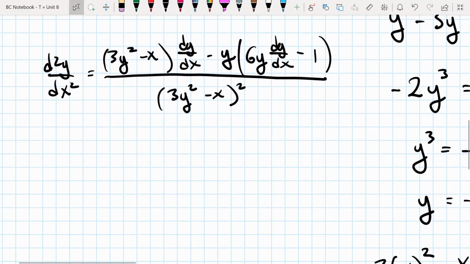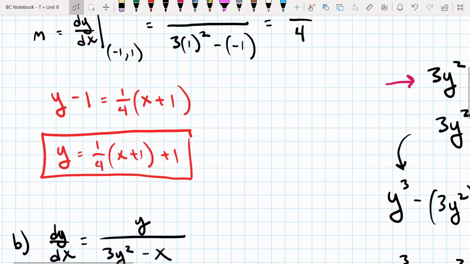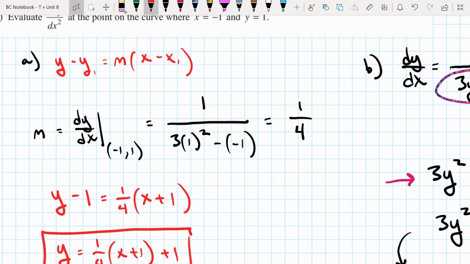Okay, and so let's evaluate this at the coordinate point -1, 1. So we're going to plug in 1 for y, so 3 minus negative 1, so 3 plus 1. The value of the first derivative at negative 1, comma 1, we already found, and so that's what we're going to plug in.